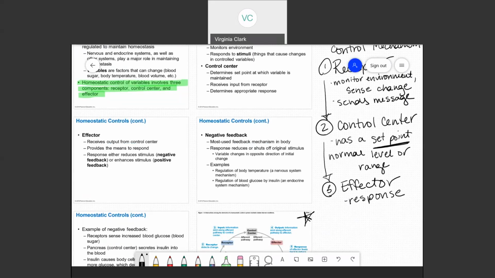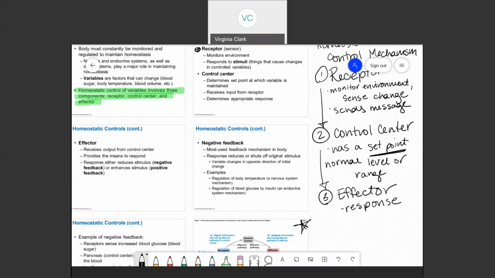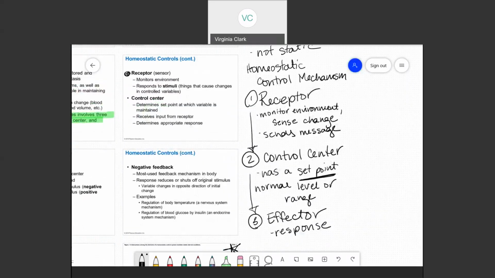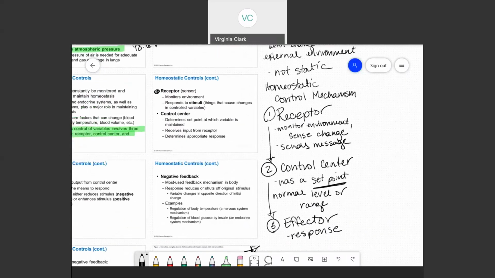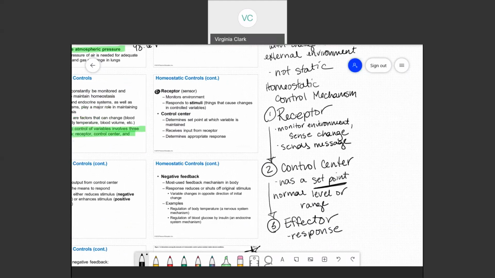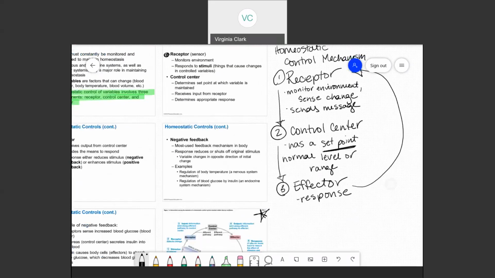Okay, so now we have this process, the receptor to the control center to the effector, and this is essentially going to be a loop. If we have an effector and it has created a response, it is going to loop back up to the receptor, which is going to monitor the environment and sense the change. So this is a loop, otherwise known as a feedback cycle.